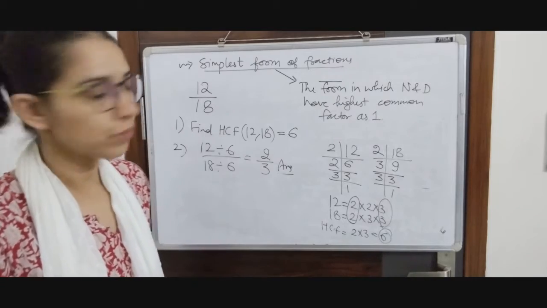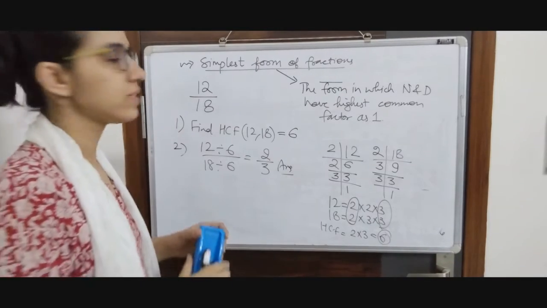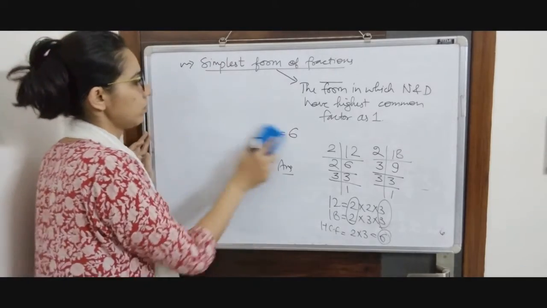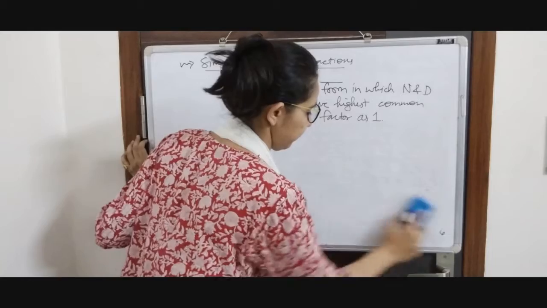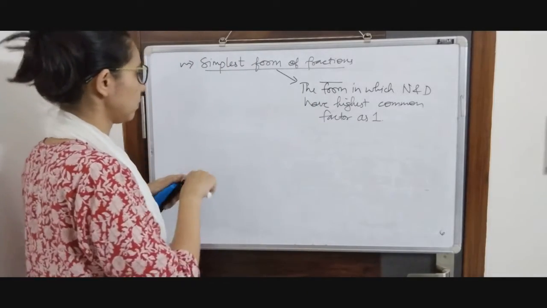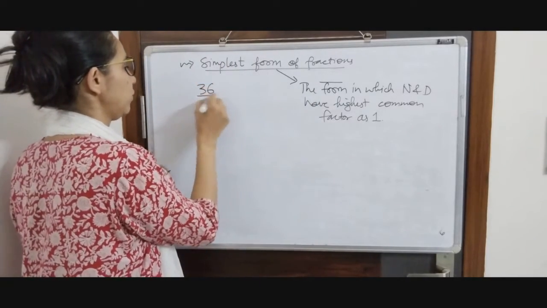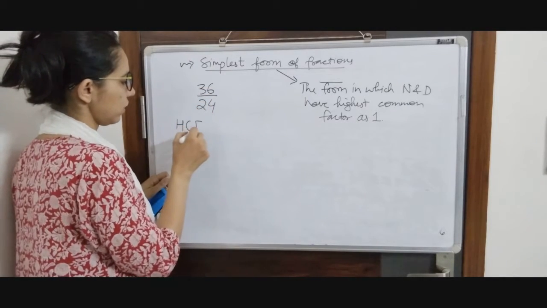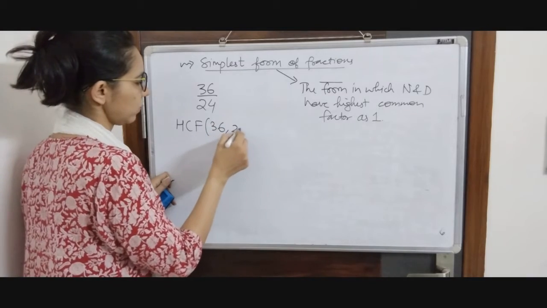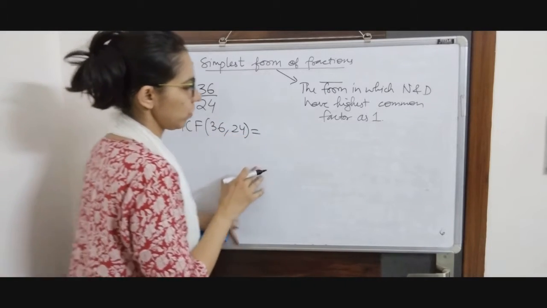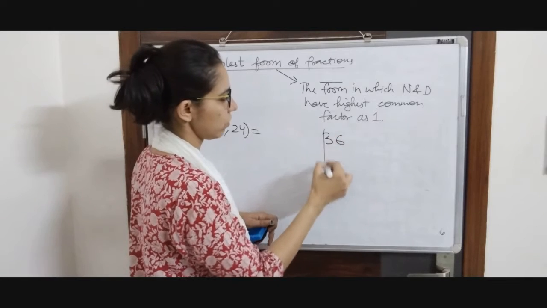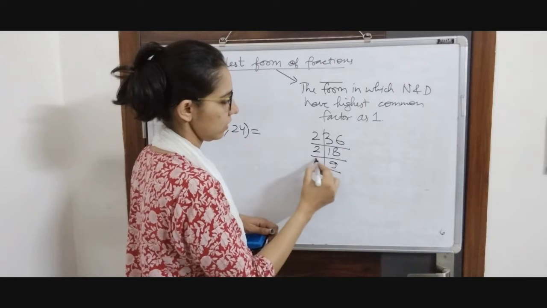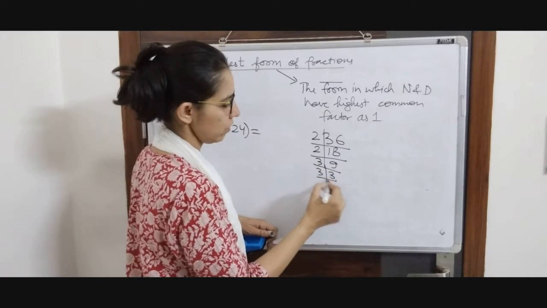Next example is 36 by 24. First step is to find out the HCF of these two, 36 and 24. It is going to be 12. We will find out how. 36 divided by 2 is 18, then 9, then 3, then 1.